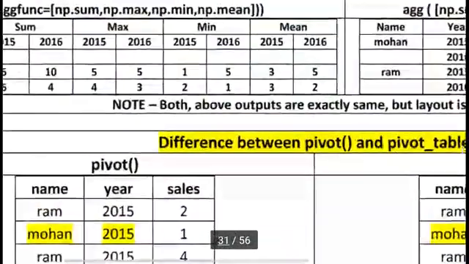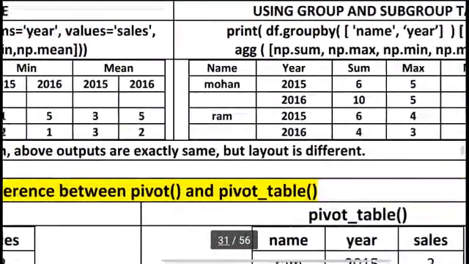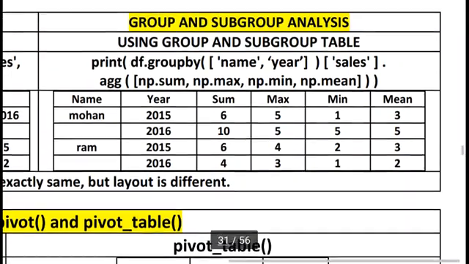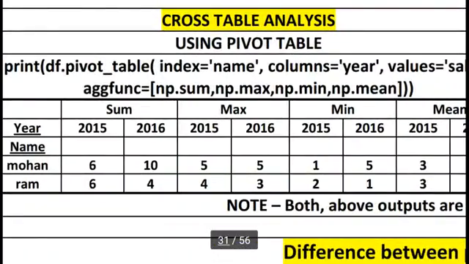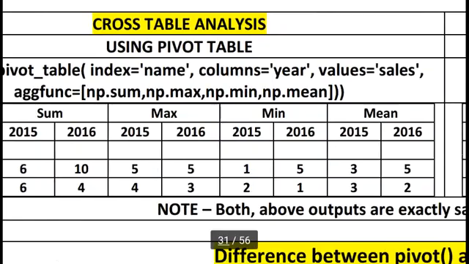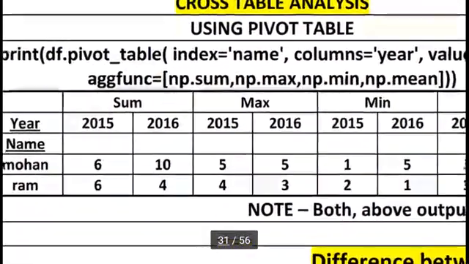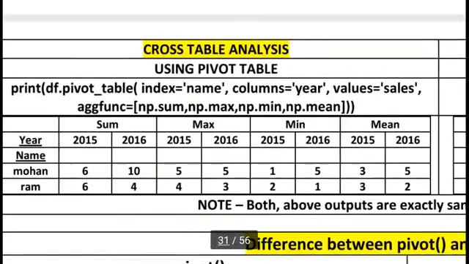The output of this table and the output of the other table is exactly the same, but the layout is different. When we use pivot table the syntax is different. First we use index, means pivot row, columns, pivot column, and values in pivot cell and select the operation. So the result is in a different layout.